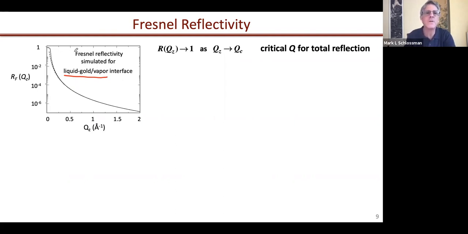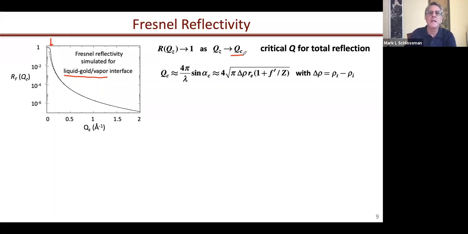But it actually reaches 1, or very close to 1, slightly before you get to 0 QZ, at the point right around here, where QZ is equal to what's called the critical Q for total reflection, which we'll call Q sub C. Q sub C is, of course, just going to be very close to 4 pi over lambda sine of alpha C. I'll show you where this expression comes from on the next slide, but for now, let's just use it.